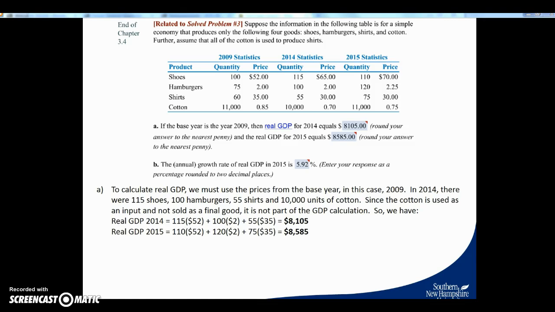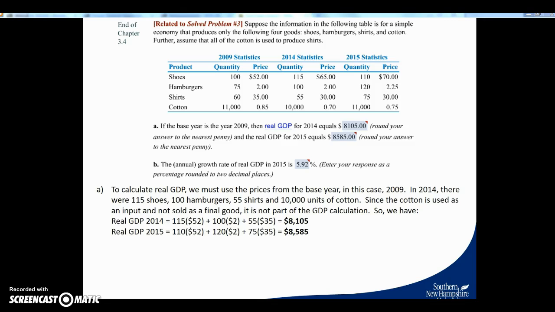2014 GDP. So in 2014, there were 115 pairs of shoes produced, 100 hamburgers, 55 shirts, and 10,000 units of cotton. We don't count the cotton since it was an input and not sold as a final good. So here's the simple calculation. You just take the amount produced in 2014, and then you use the 2009 price.